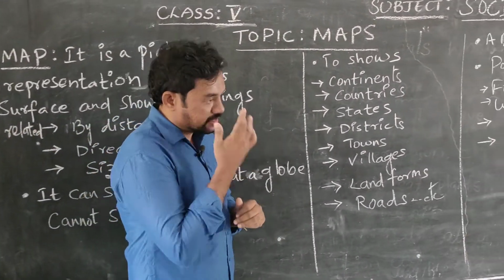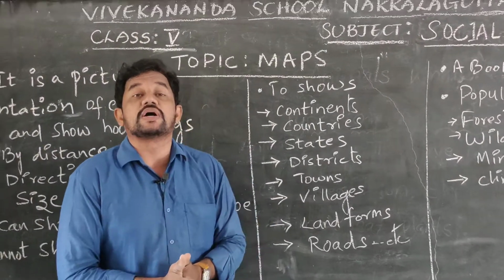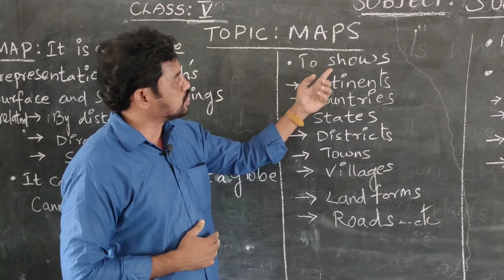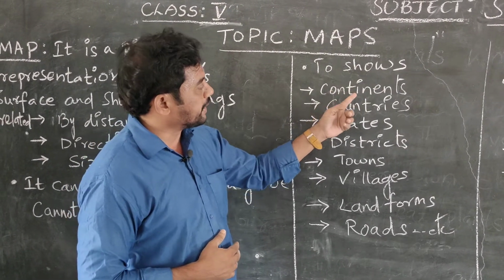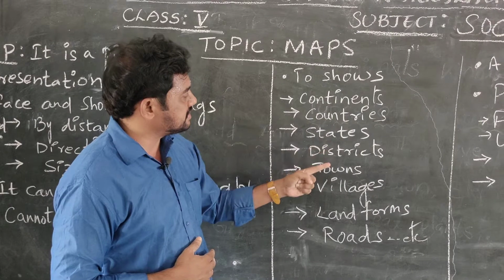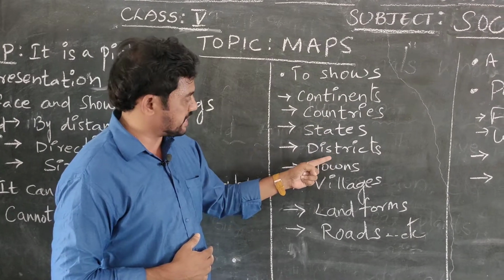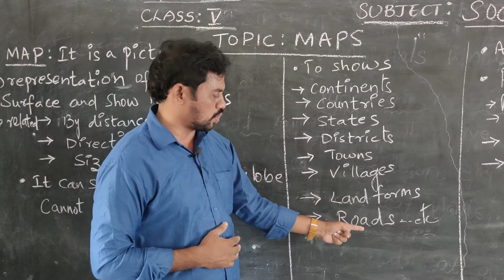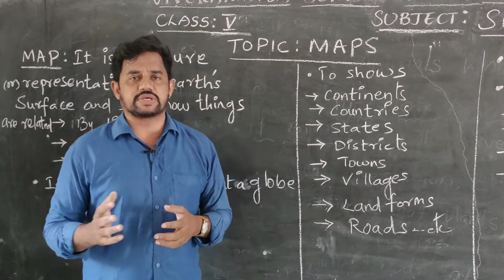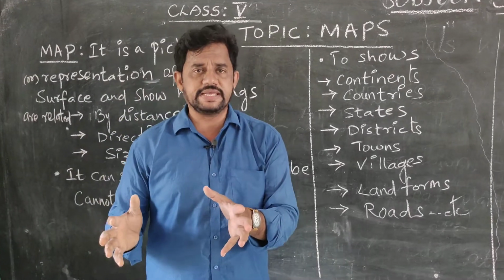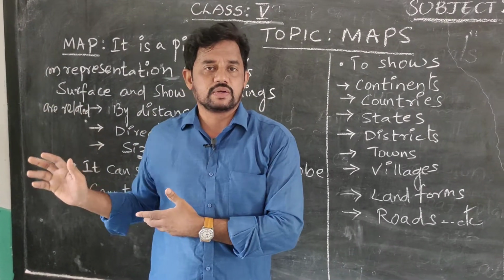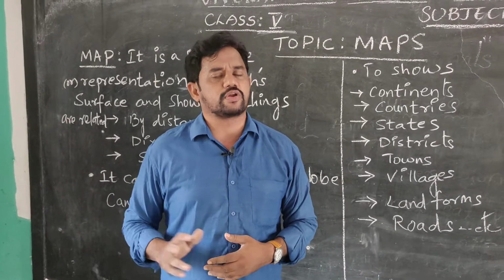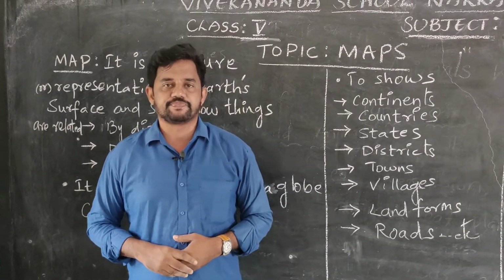Okay? Yes. Still, what are the other things which maps show us? For example, I kept these points for you. It shows continents, countries, states, districts, towns, villages, landforms, roads, etc. I mean to say, if you want to see Warangal city, you will go by auto or by a bus or on the bike of your relative or your friend or your father or somebody.